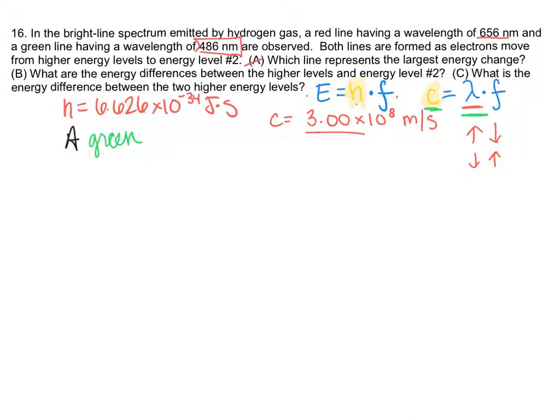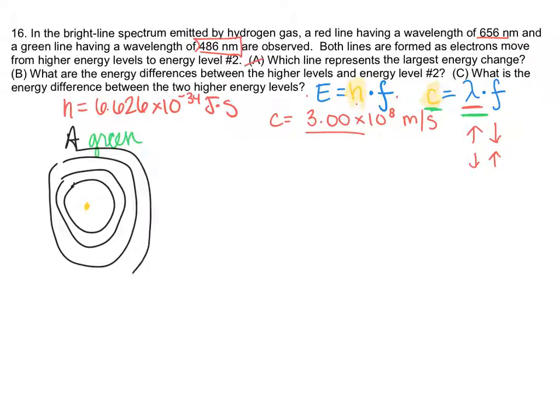Part B is saying, what are the energy differences between the higher energy levels and energy level 2? So that's saying, here is the center of my hydrogen atom, and here's my rings: energy level 1, energy level 2, energy level 3, and so on and so forth.